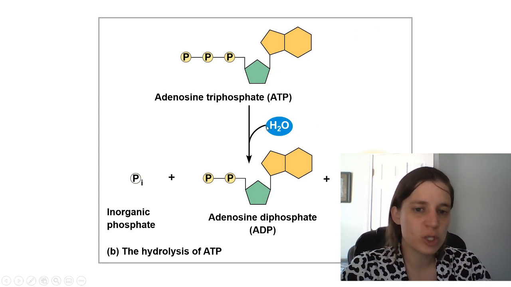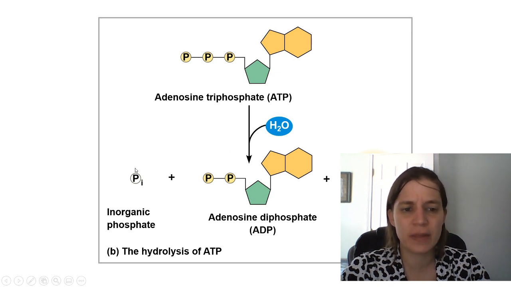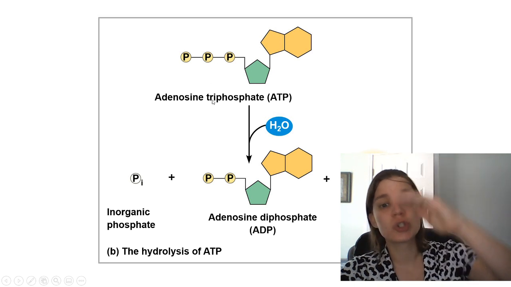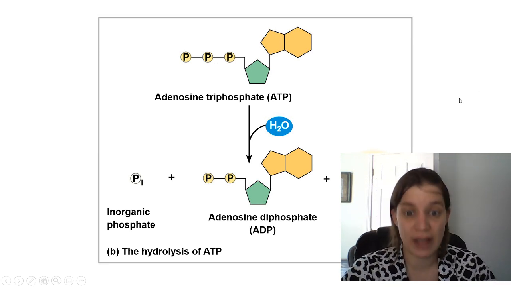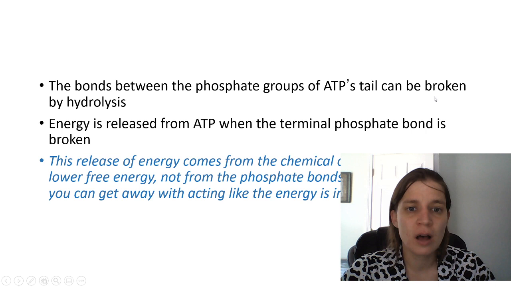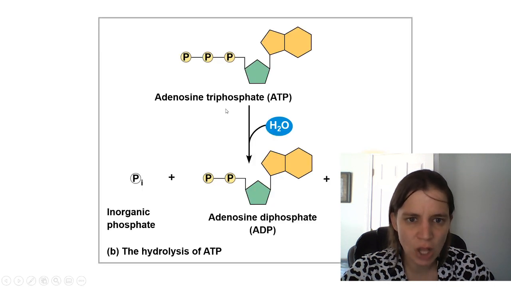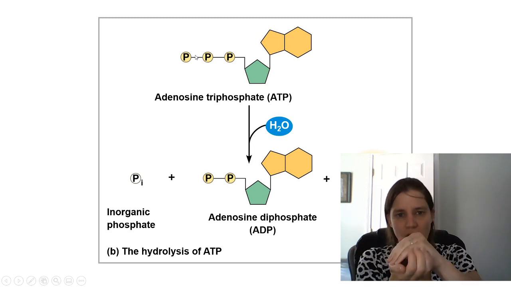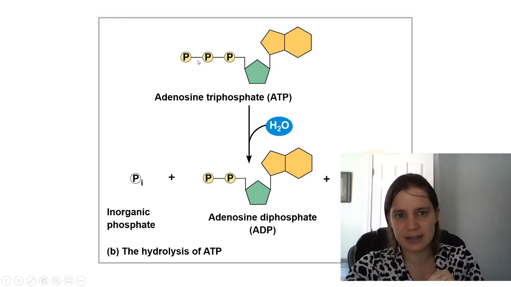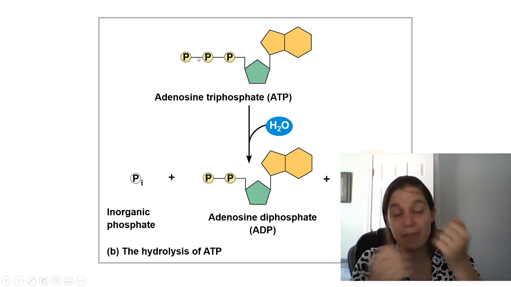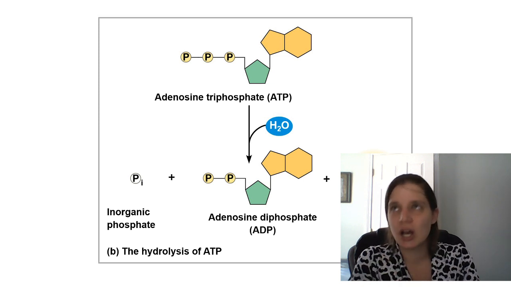With the addition of water, this bond can be broken, and you can end up with inorganic phosphate and ADP. As that happens, it goes from a high energy state, high free energy, to lower free energy. So you give off energy. Just to be clear, it's not like there's a little unit blob of energy sitting in this bond, and once you snap the bond open, you have a packet of energy.